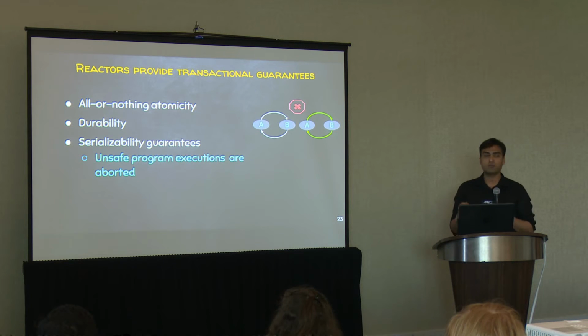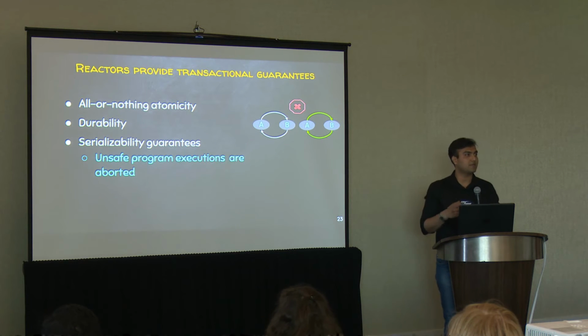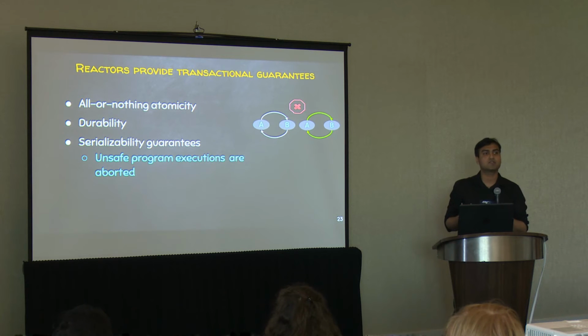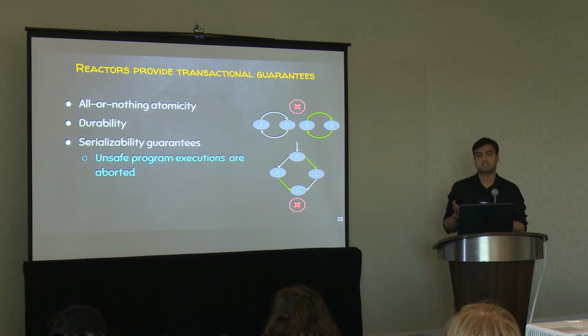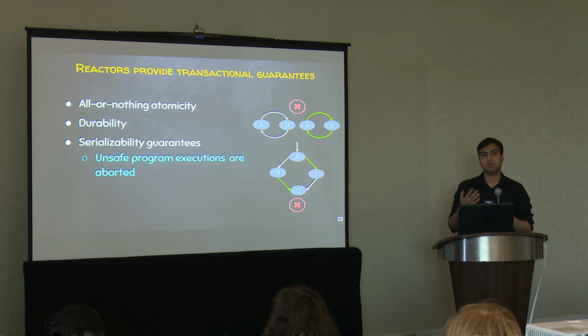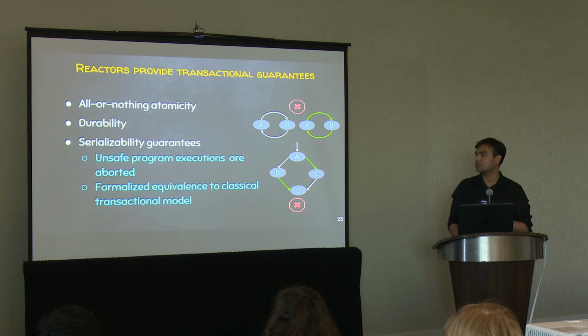If you have an execution trace that is cyclic across reactors, that is an unsafe program and is aborted. Similarly, if you have another execution trace where you have two outstanding calls to the same reactor instance that have not been ordered by the program, that is another unsafe execution trace and needs to be aborted. We also have a formalism of this programming model in the paper, which you can look at if you want.